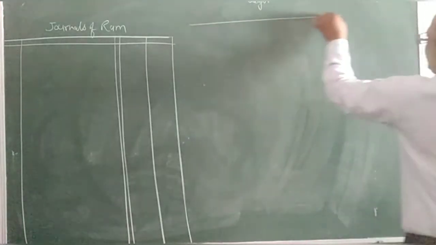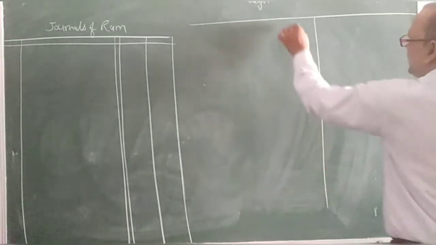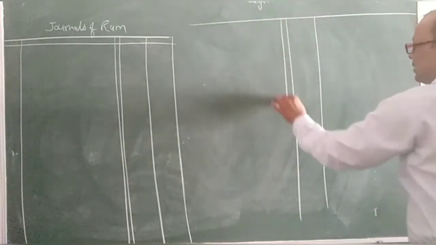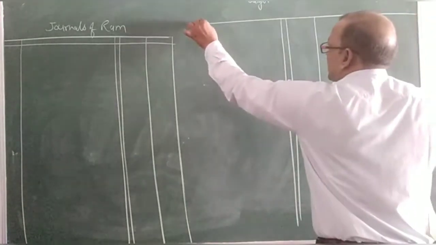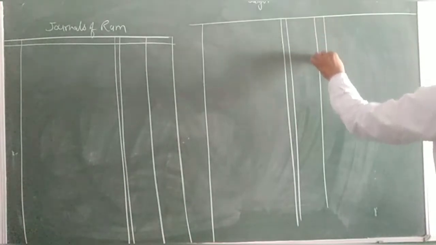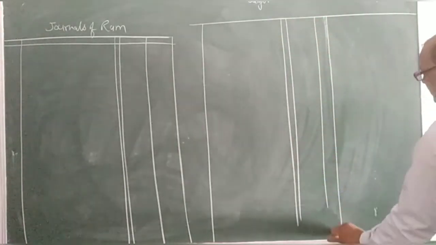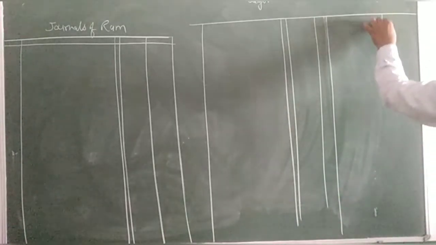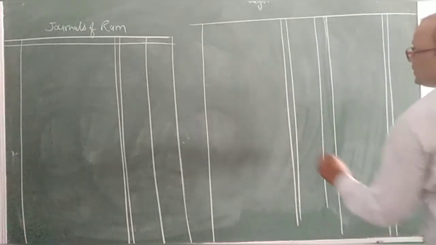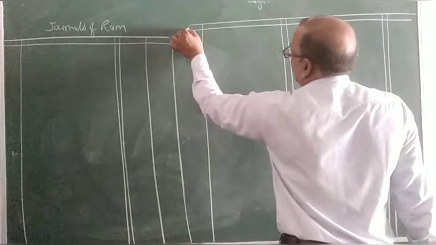In the ledger, as we know, the format is very similar to the cash book, double-sided: date, particulars, LF, amount, and again here date, particulars. See everyone, this is the column for the ledger account.